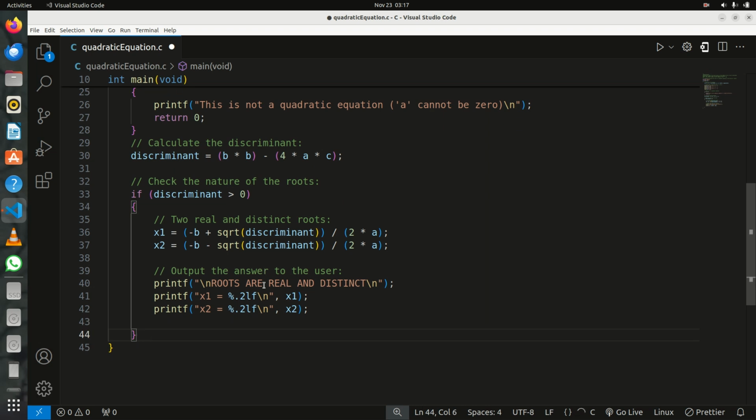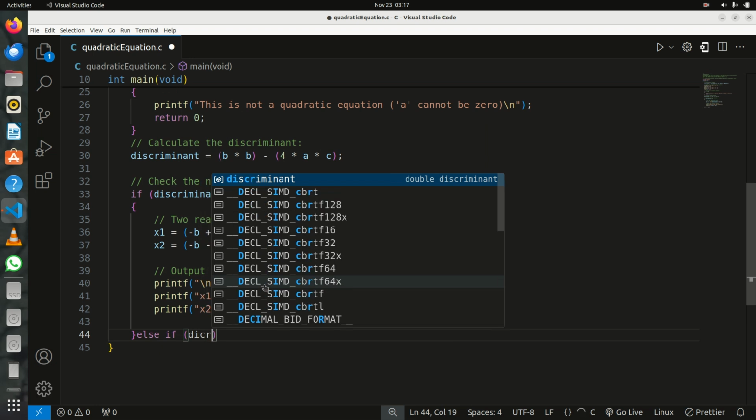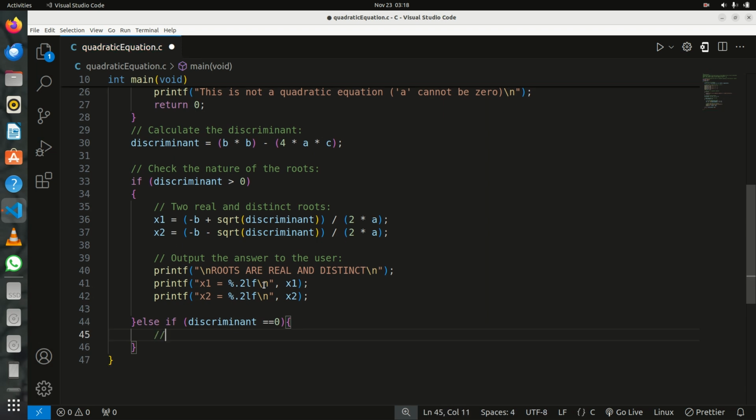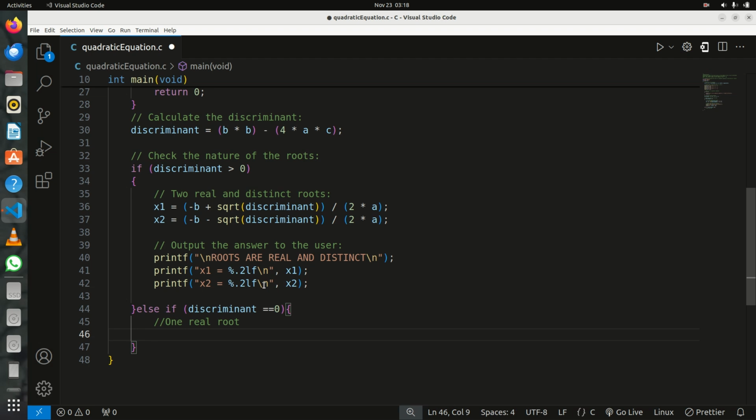Else if discriminant is equal to 0, it means I'll have 1 real root. So let us calculate that root.